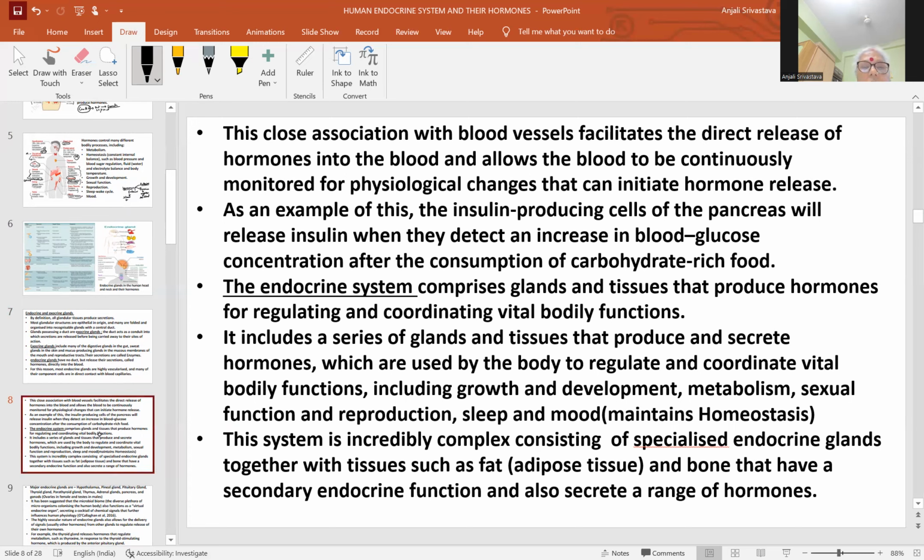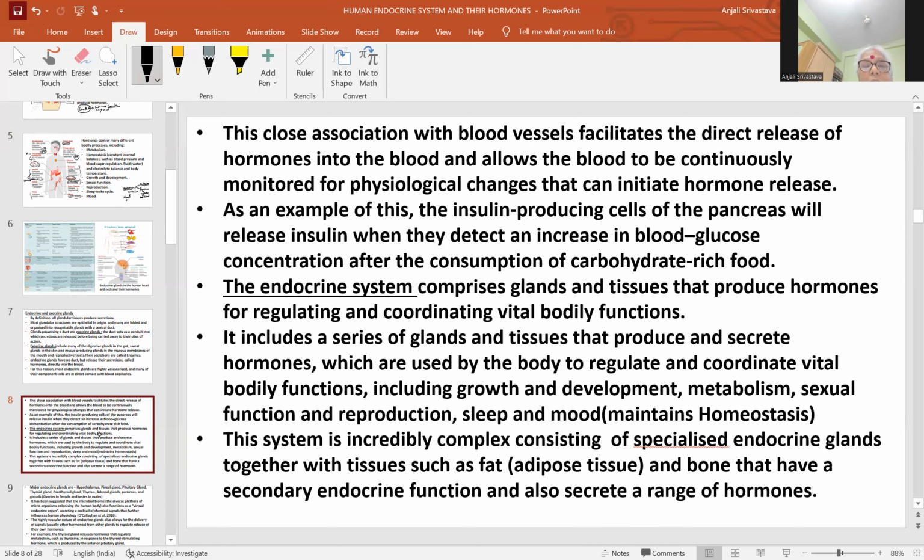The endocrinal system is consisting of a series of glands and tissues producing and secreting hormones which are used by the body to regulate and coordinate vital bodily functions including growth and development, metabolism, sexual function and reproduction, sleep and more, totally maintaining the homeostasis, reproduction and other important metabolic activities of the body.